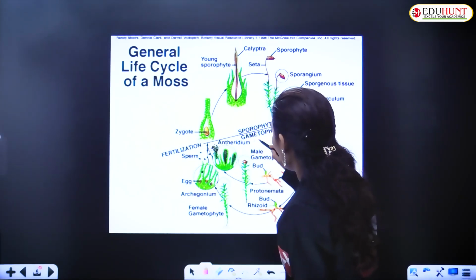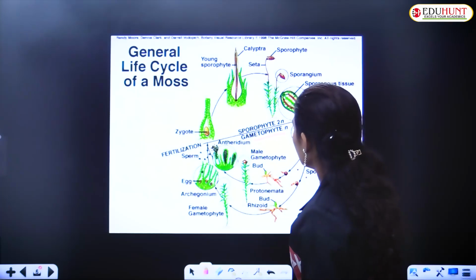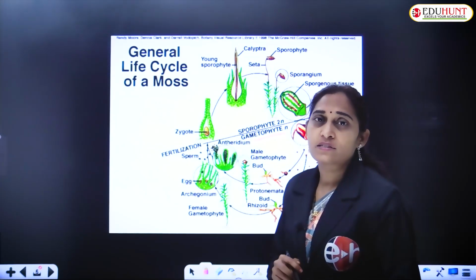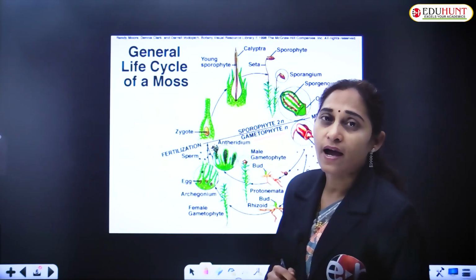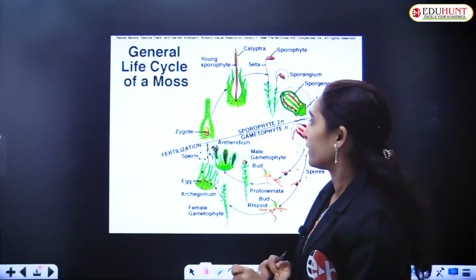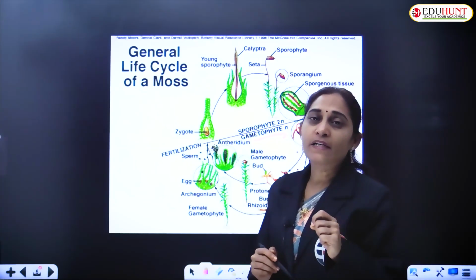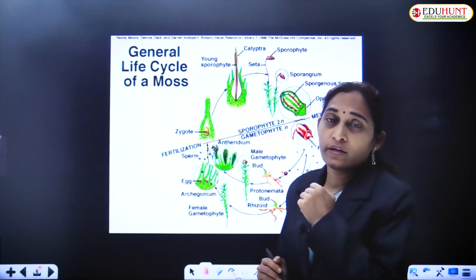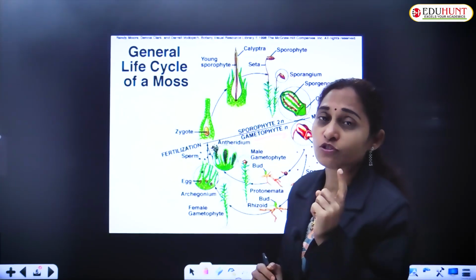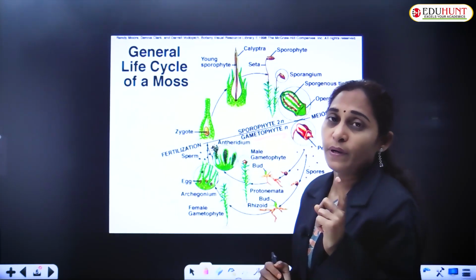Gametophyte is one of the phases, in which the plant body possesses only a single set of chromosomes. That is called haploid, which is the dominant phase in the life cycle. So, gametophyte is the dominant phase of the life cycle of bryophytes.